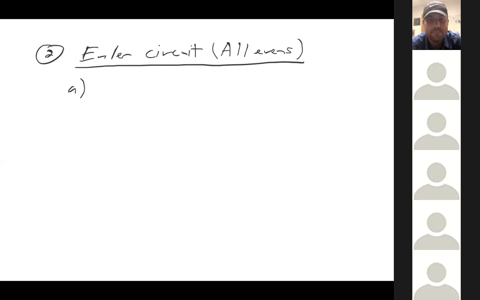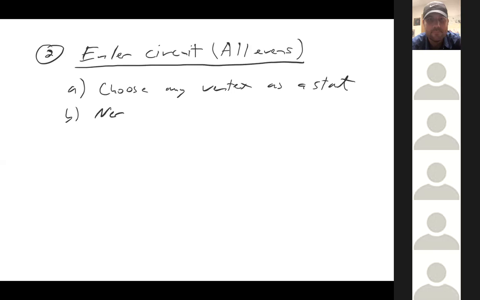So 2 is if you have an Euler circuit, which is all even vertices. Same procedure, but the difference is choose any vertex as a start. So you can choose any one and use the same rule.